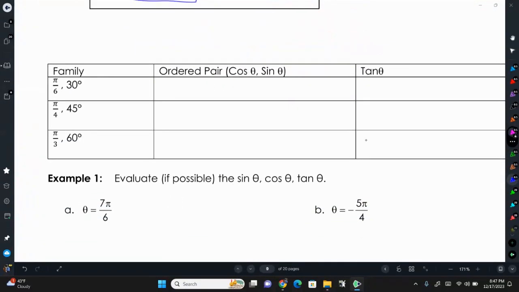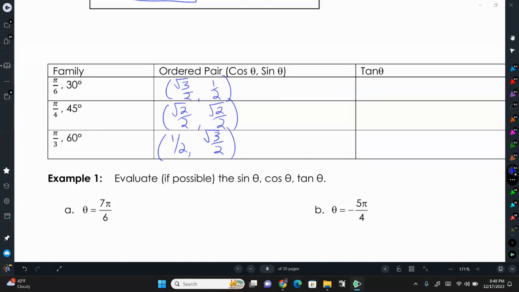So let's write down those ordered pairs again on this page. The cosine and sine, or the xy coordinates, for this pi over 6 family, that is going to be the square root of 3 over 2, comma, 1/2, then square root of 2 over 2, comma, square root of 2 over 2 for the pi over 4, and this one for pi over 3 is just flipped.